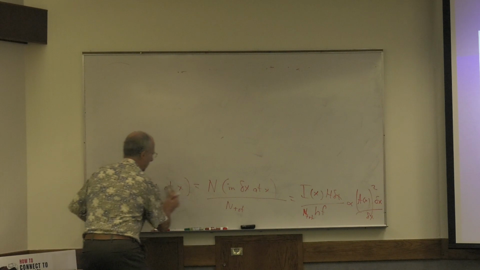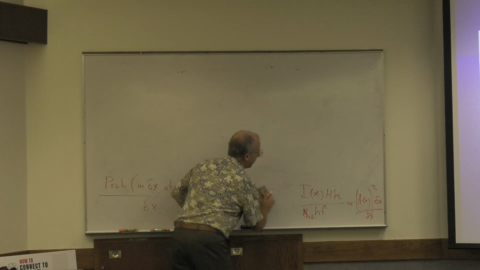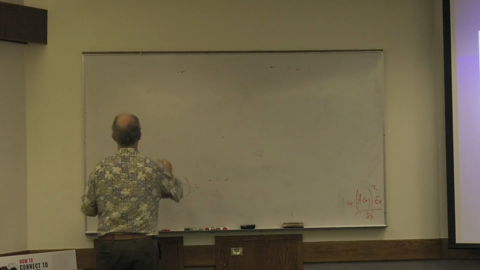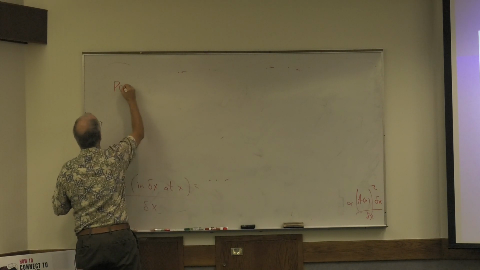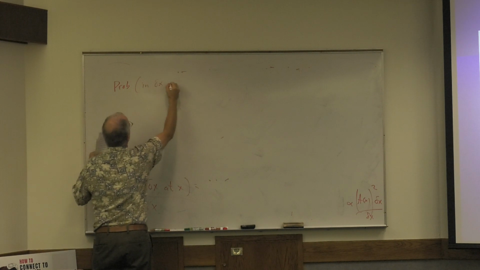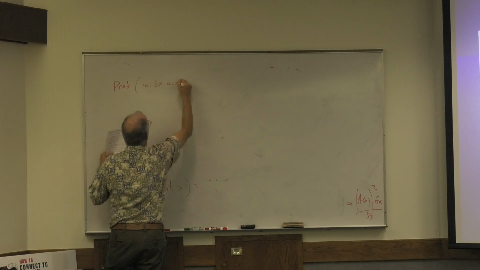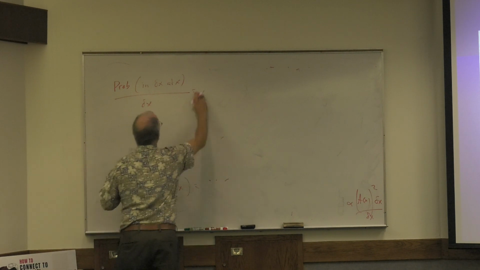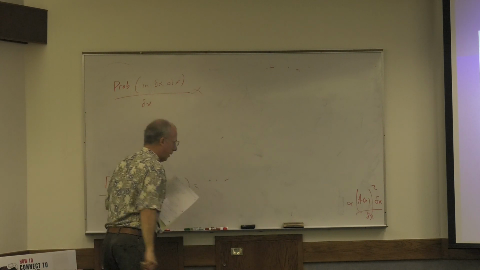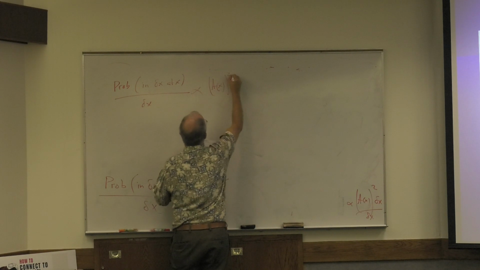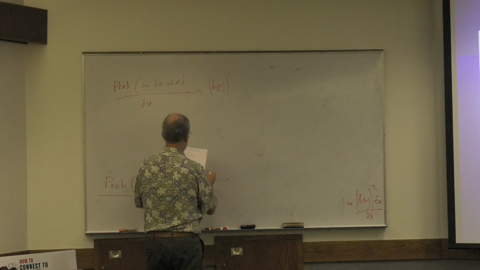So it's totally legal what I did. Let me write it up here. The probability in delta x at x, divided by delta x, is proportional to the amplitude squared. That's it.